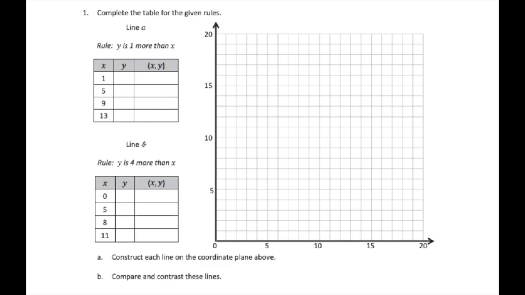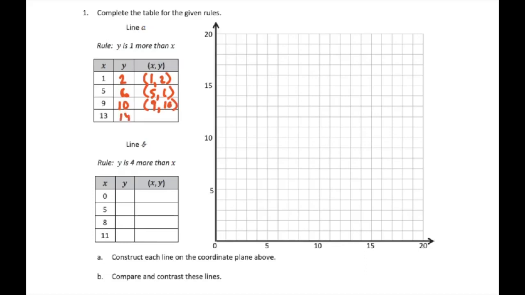All right, so now that you gave yourself some time to complete number 1, let's go through this together. So we're going to complete our charts and the tables. So our first rule is that y is 1 more than x. So if I have 1, 1 more is 2. If I have 5, 1 more is 6. If I have 9, 1 more is 10.